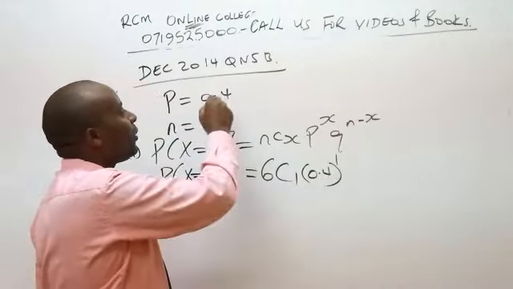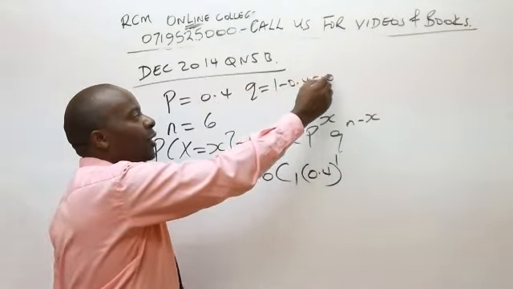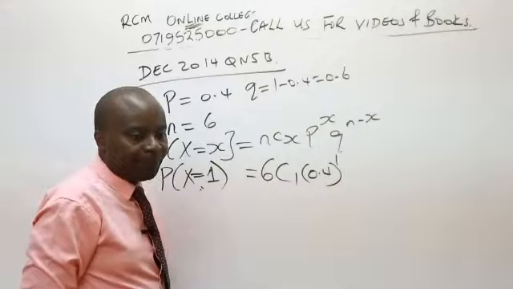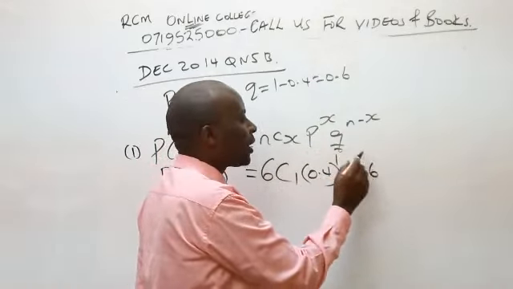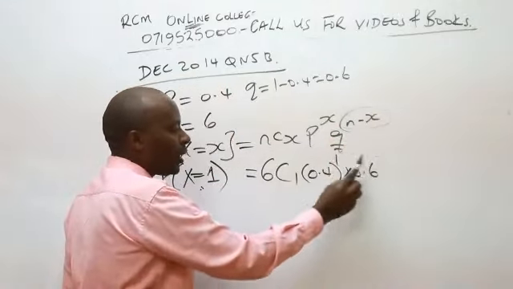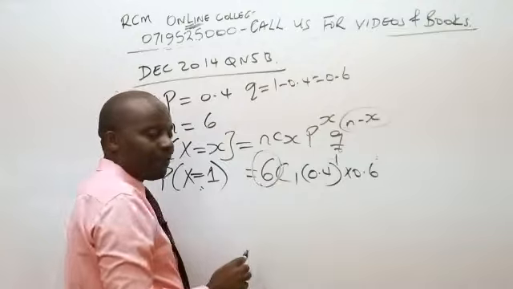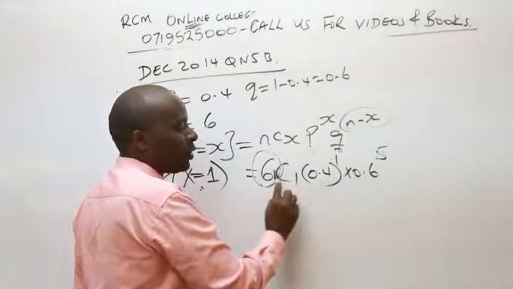And remember that if P is 0.4, then Q will be 1 minus 0.4, which is 0.6. So Q is 0.6 raised to the balancing power. Remember the 2 powers must always add up to n. So the balancing power here will be 5. 1 plus 5 is 6.